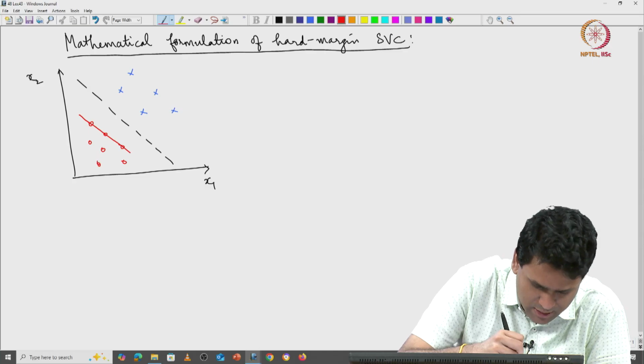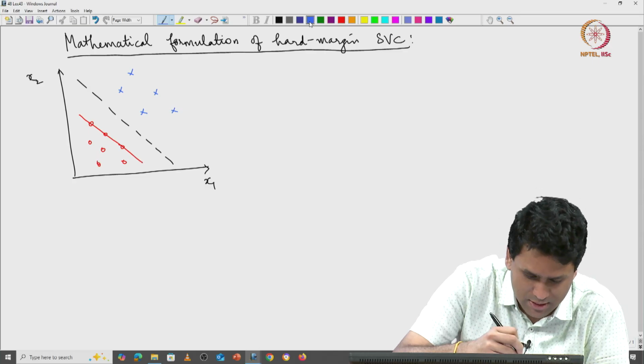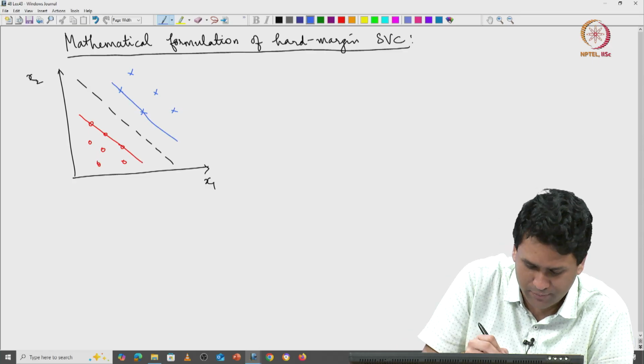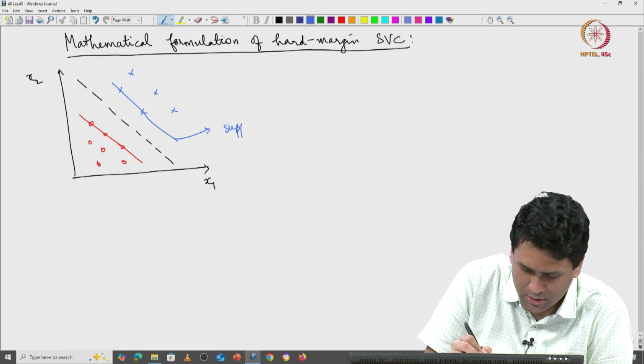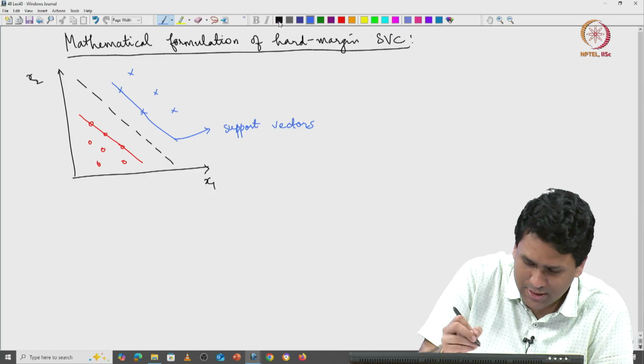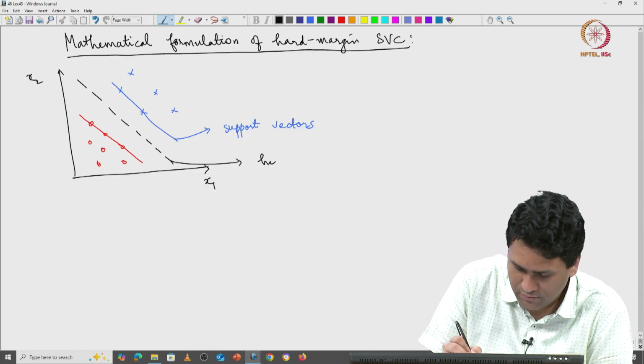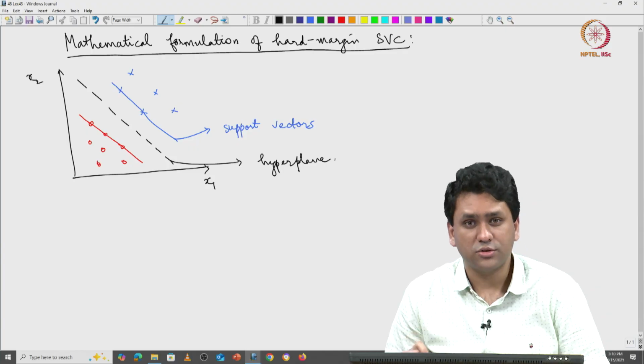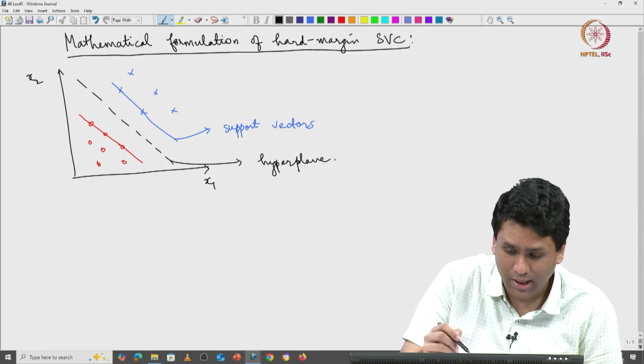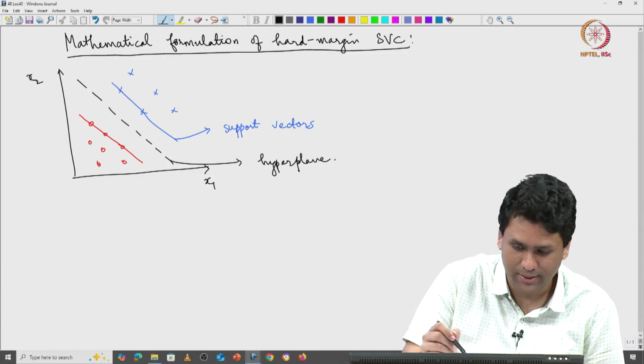So this is one of the support vectors and this is the other support vector. These are called support vectors and this is the hyperplane. Okay. So how do we go ahead and formulate this mathematically?